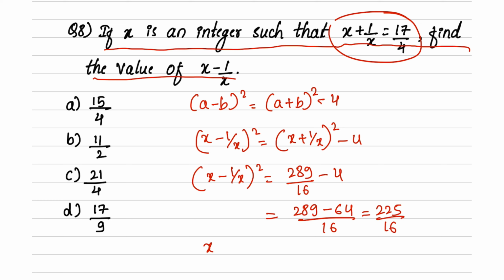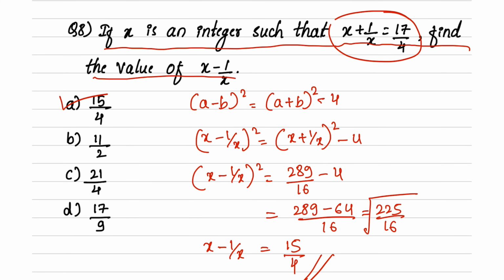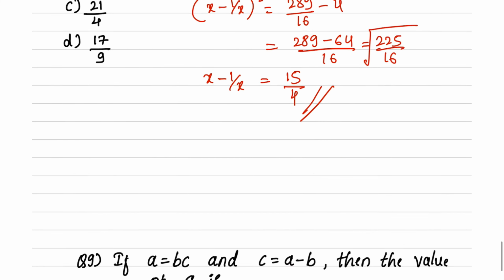So if you take the square root of this, 225 square root is 15 and 16 square root is 4. Answer will be 15 by 4. Option A is the right answer. So to simplify faster, you have to remember all the formulas.